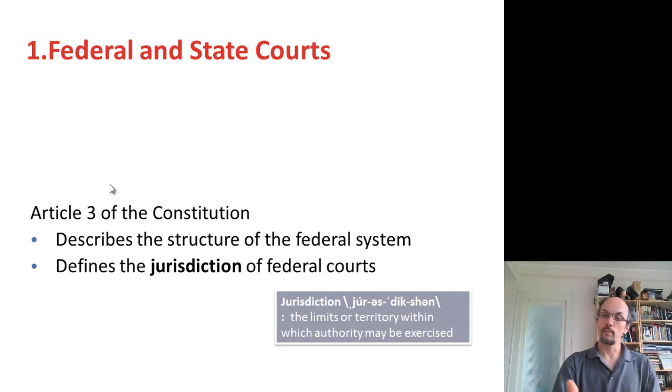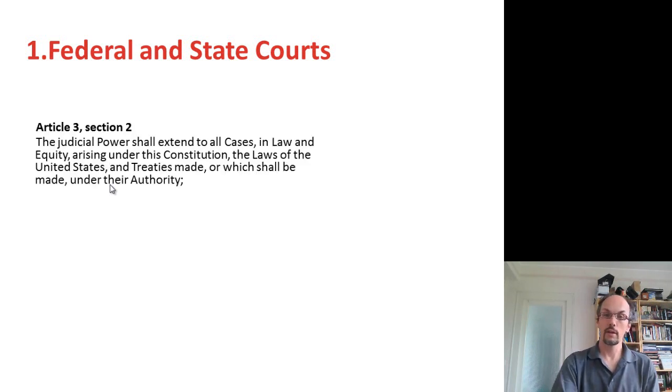On top of this system of state judicial systems, the Constitution describes the federal system, and it describes the jurisdiction, that is, the territory, the limits of federal courts. What can federal courts do?